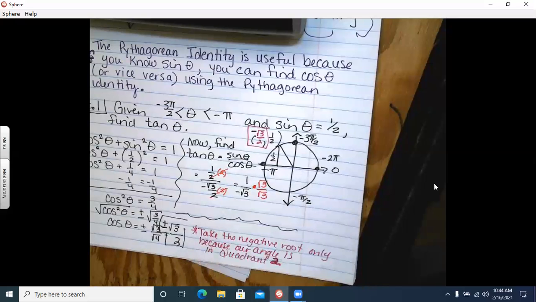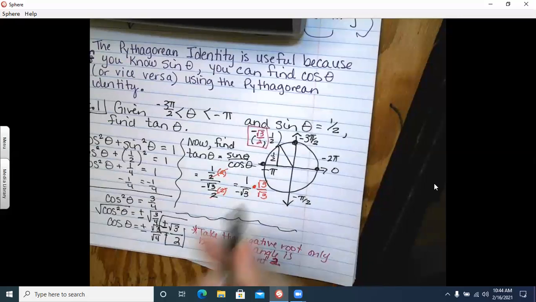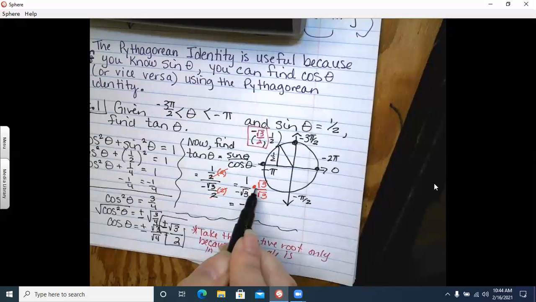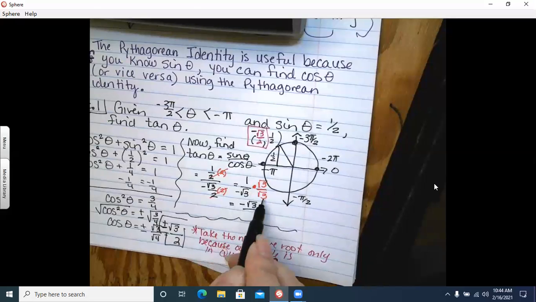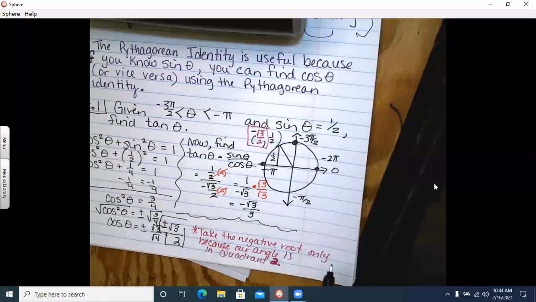Multiply by the square root of 3 over the square root of 3. Let me move that negative to the numerator, or you can write it right next to the fraction bar, either way. 1 times the square root of 3 is the square root of 3. The square root of 3 times the square root of 3 in the denominator is the square root of 9, which is 3. Can I reduce the 3 under the radical with the 3 in the denominator? No. That's my answer.